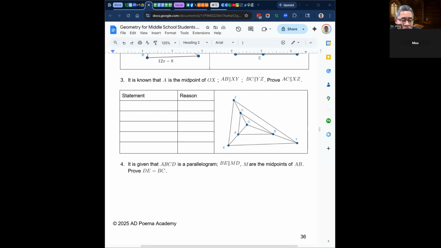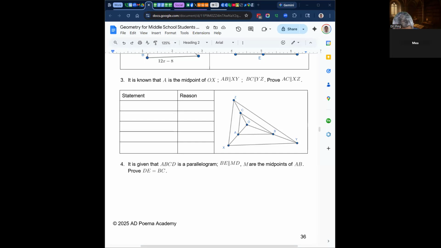So the first theorem, 2-6-1, is saying that if two lines are parallel, then the distance from any point on one to the other will be the same. So theorem 2-6-1 is equal distance.